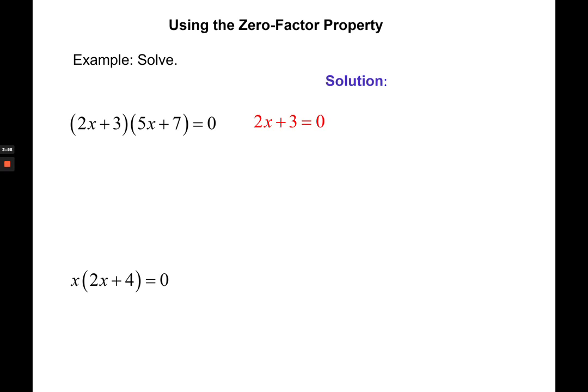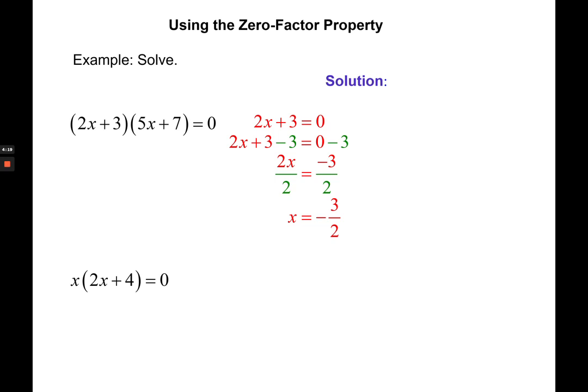So you have the first part, 2x plus 3, equated to 0. Then solve: minus 3 minus 3, you get 2x is equal to negative 3. Divide both sides by 2, and so you have x is equal to negative 3/2.